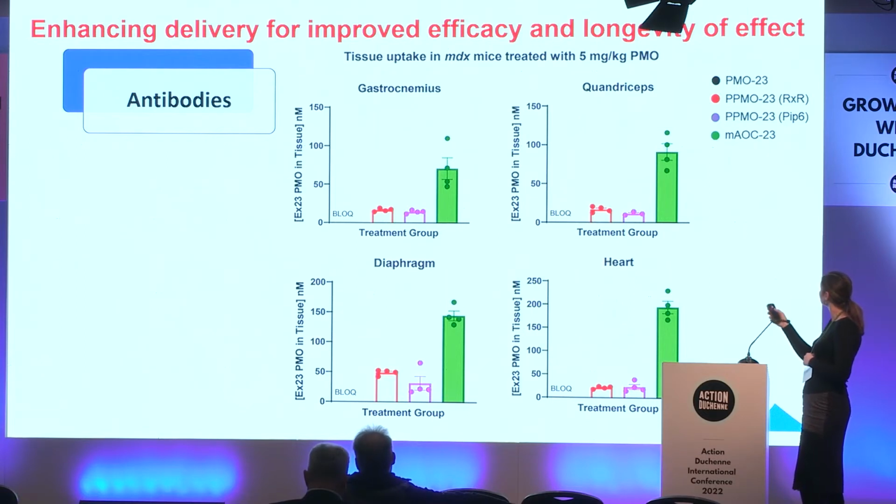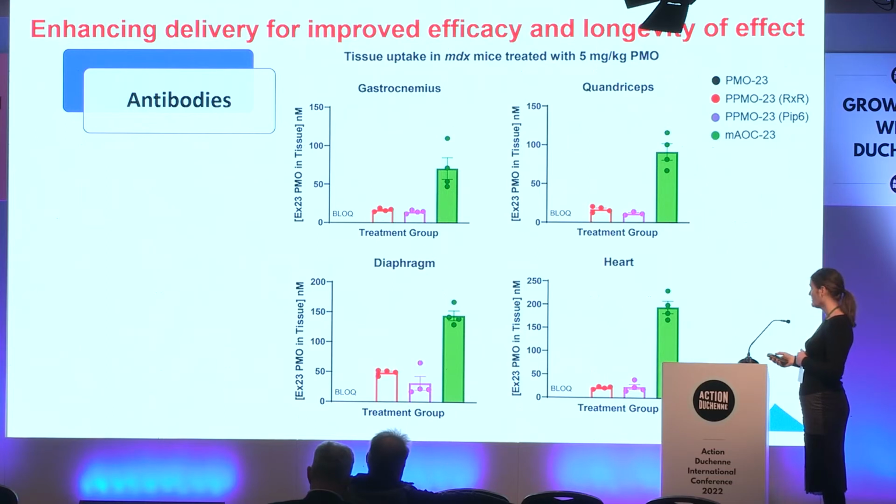In black is naked PMO. So this is in the MDX mouse. And in the red and purple is 2 peptide conjugated. So they give higher levels compared to the naked PMO. But with the antibody conjugated, this is the amount of PMO in the tissue, so it's how well they're delivered. You can see there's a big increase in the amount of PMO in the muscles, which is important.